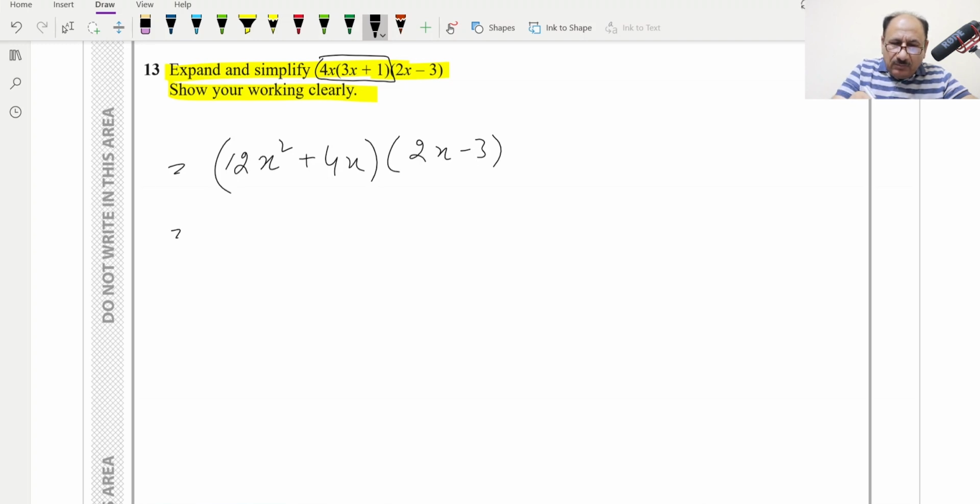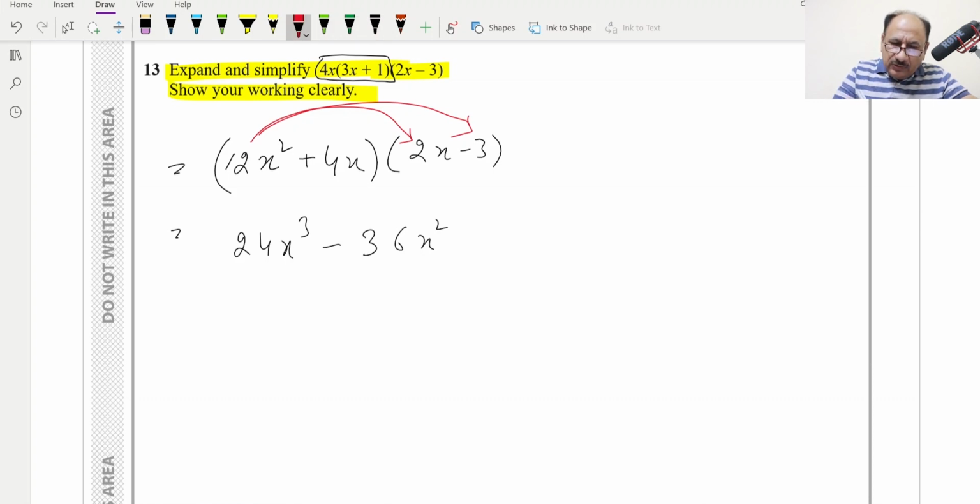Now we can multiply this with this one, so this will give us 24x cubed, and then we multiply the same with this one, and 12 into 3 will be minus 36x squared.